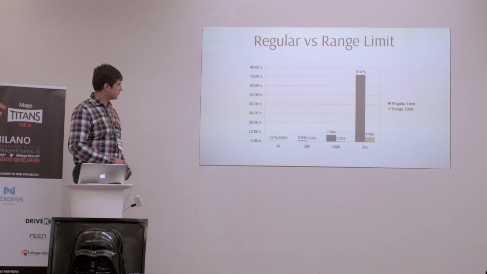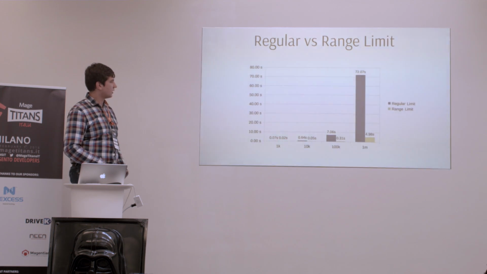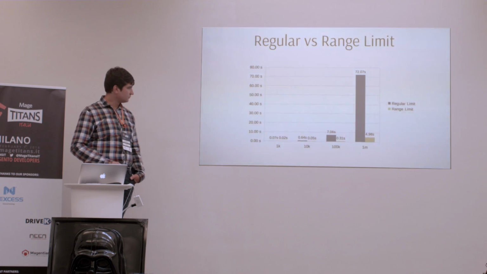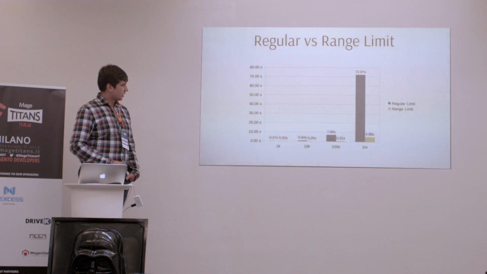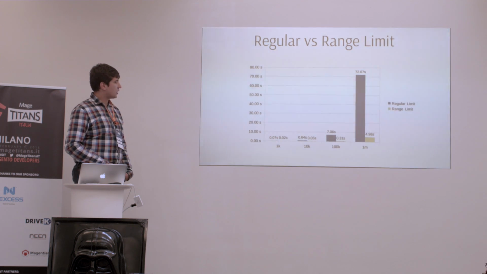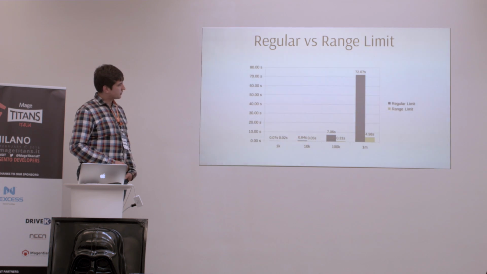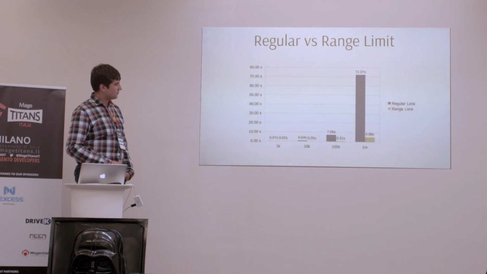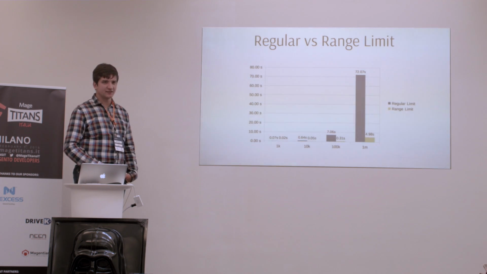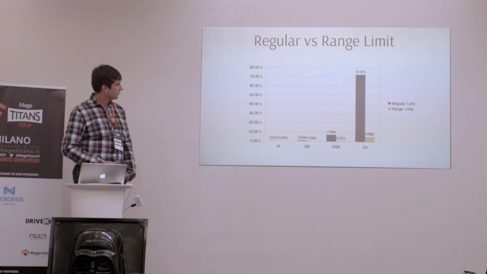It takes only 20 milliseconds to retrieve this data for the range limit, and around 70 milliseconds for a regular one. For 10K, you see the regular one increases dramatically, by a factor of 10 at least, compared to the range limit.